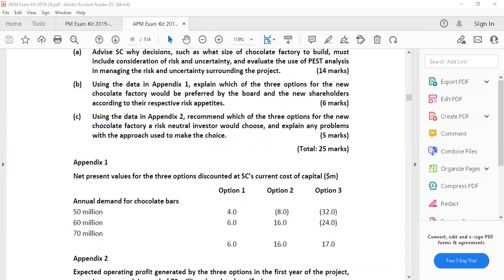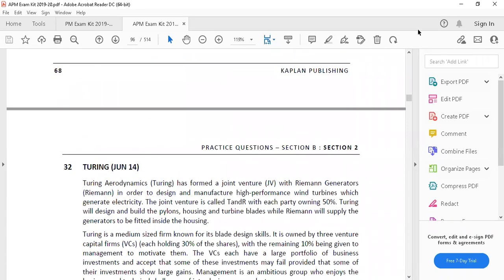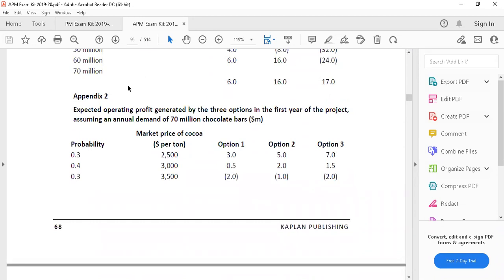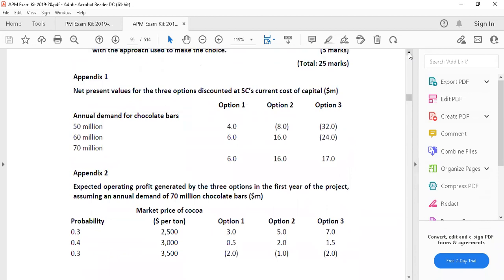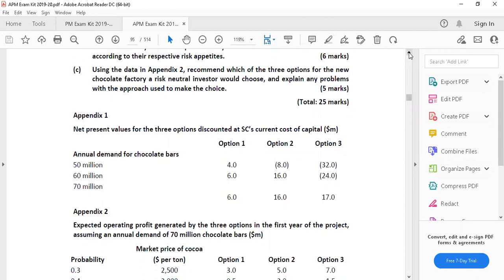Then the question still continues. I think only a risk neutral investor would choose from the scenario.